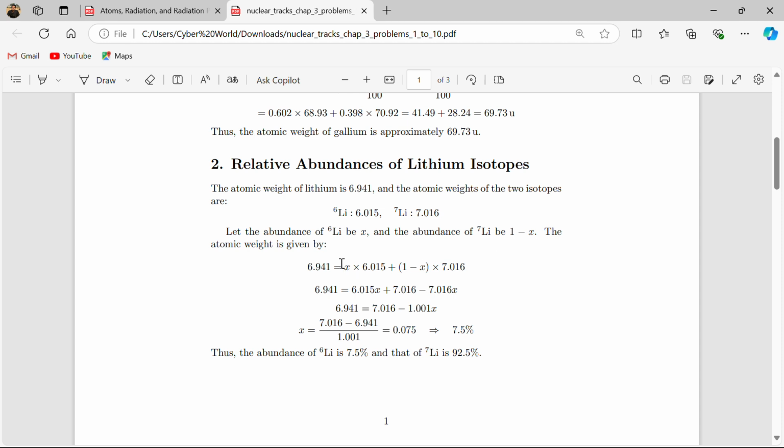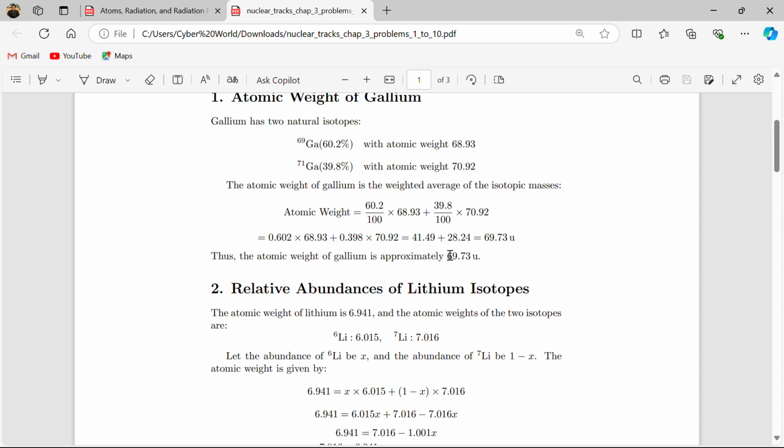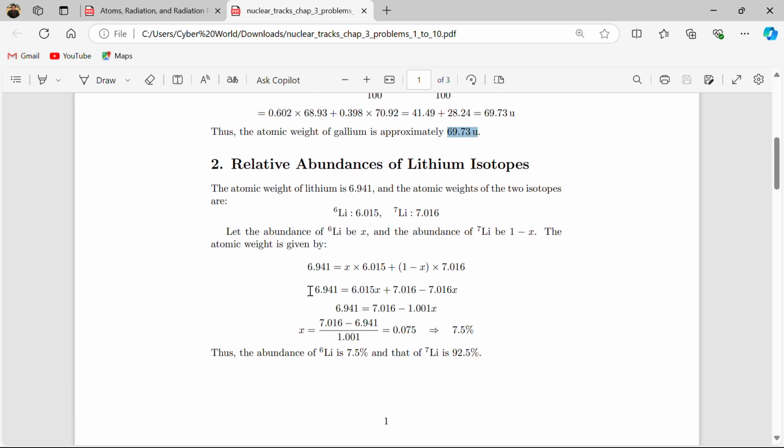The total atomic weight is given in this problem, so the total equals abundance multiplied by atomic weight. The atomic weight is given, but the abundance we have to find: for lithium 6, x multiplied by its atomic weight, plus the abundance of lithium 7, which we assumed as 1 minus x, multiplied by its atomic weight, which is 7.016. So after substituting, you have to find the final value of x.